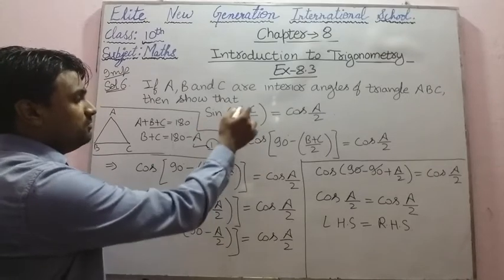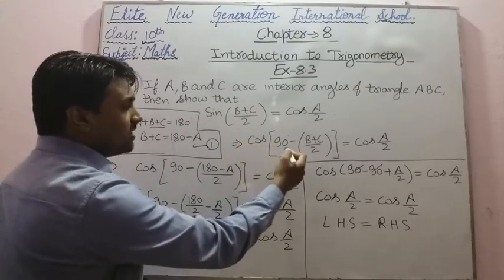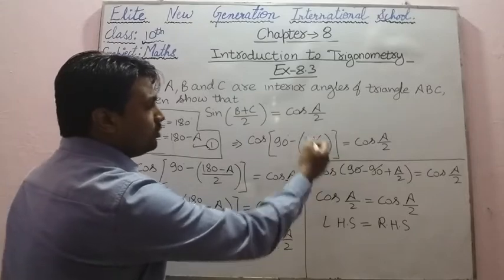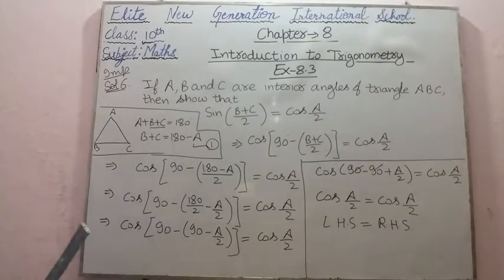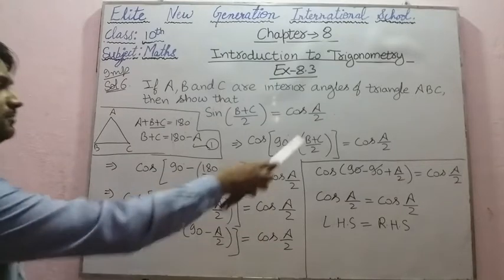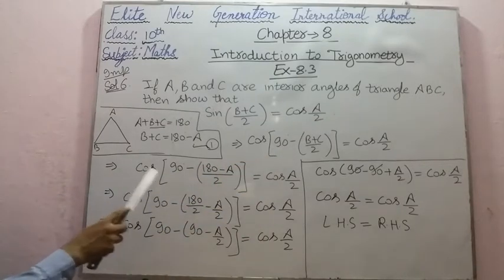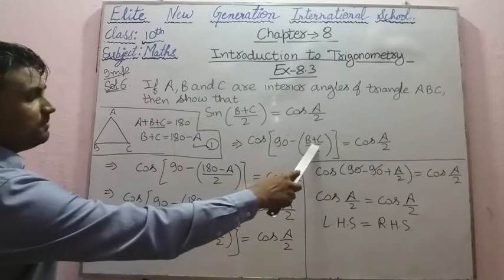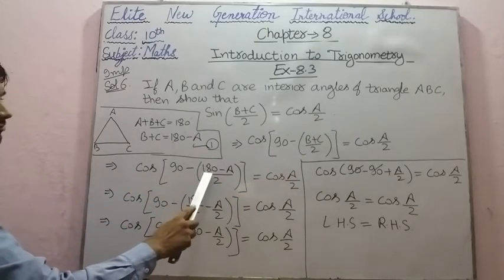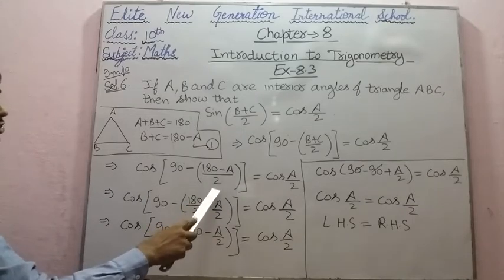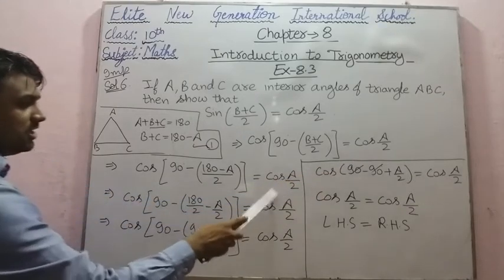So in place of sin (B plus C) upon 2, we can write cos (90 minus (B plus C) upon 2) equals cos A upon 2. Now we can put the value of B plus C here. From equation number 1, in place of B plus C we can write 180 minus A, upon 2, equals cos A upon 2.